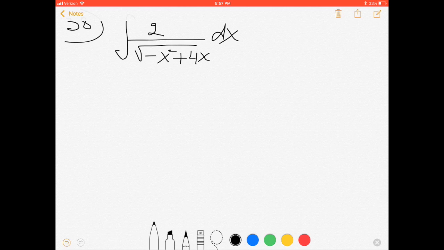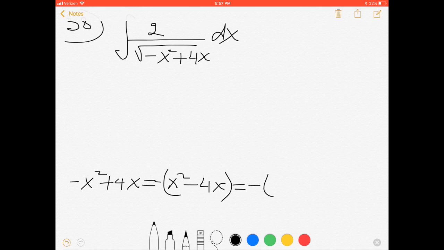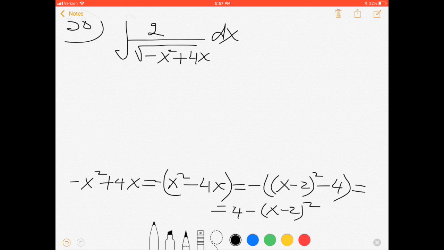Minus x squared plus 4x, it will be minus out x squared minus 4x. Here is minus x minus 2 squared minus 4. Finally, it will be 4 minus x minus 2 squared.